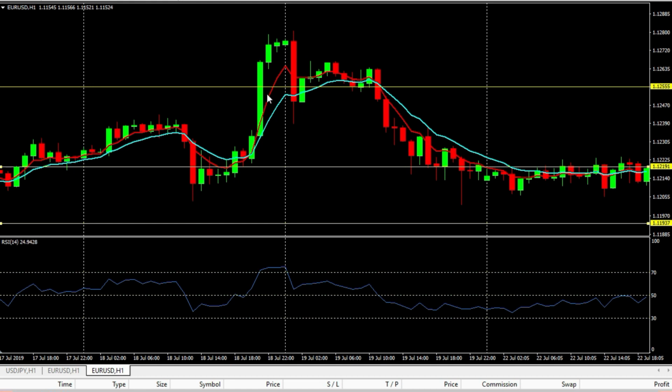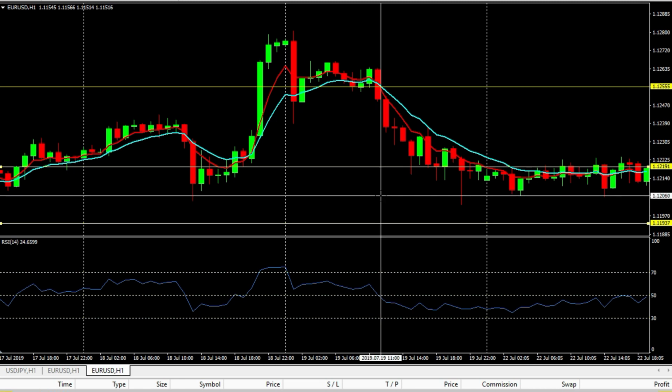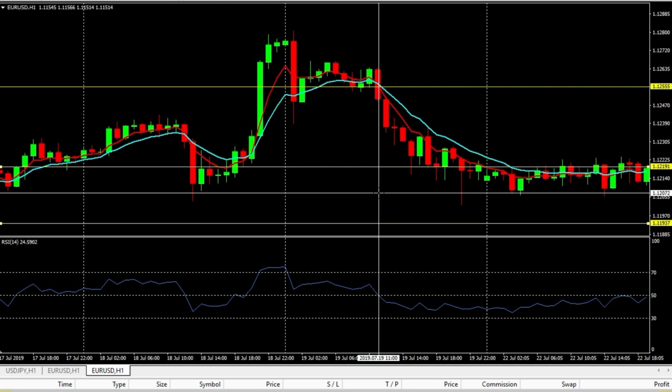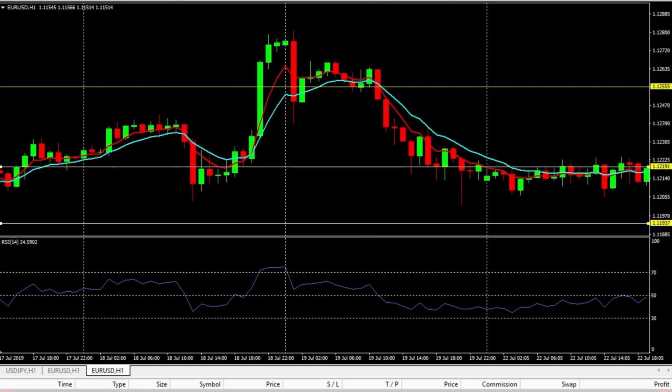Now for the third trade, we wait for the RSI to cross the 50 level. So here the RSI crossed the 50 level, and the moving average also crossed.